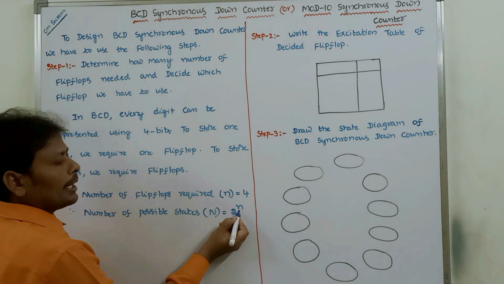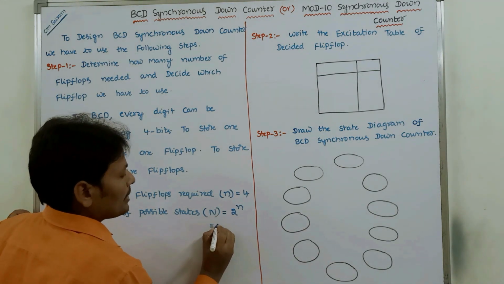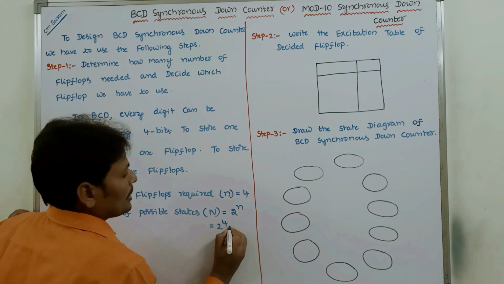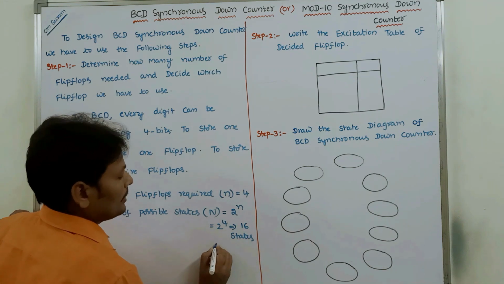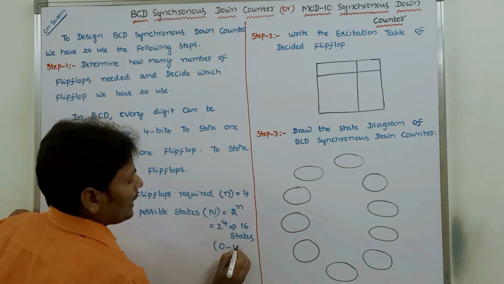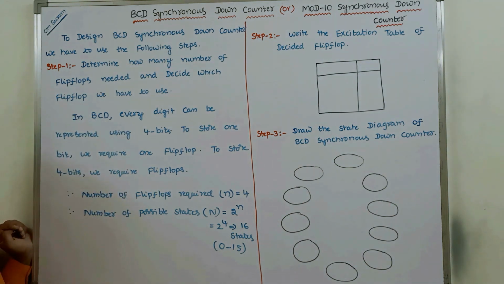We already know that small n value is equal to 4, so that is 2 power 4. So that implies 16 states, starting with 0 and ending with 15. So total 16 states are available.